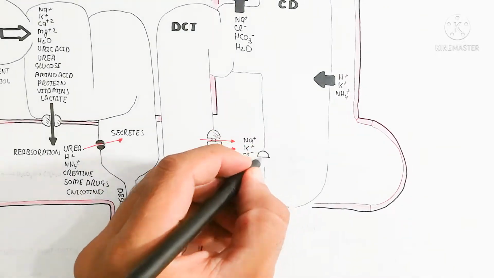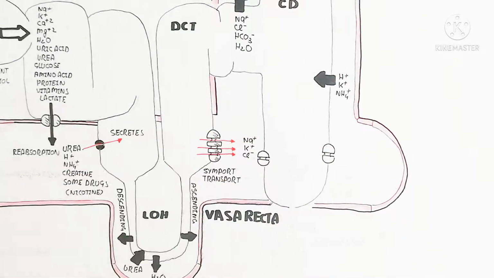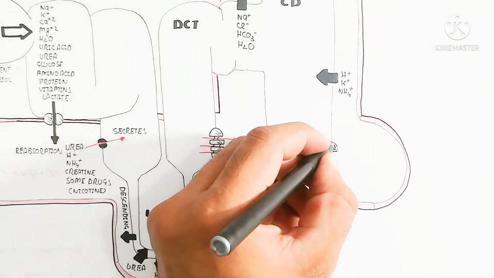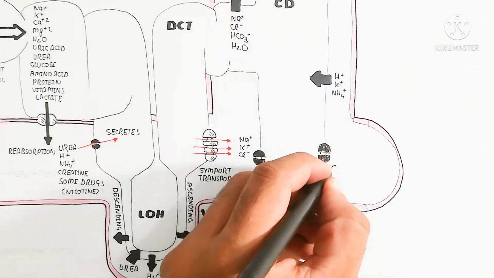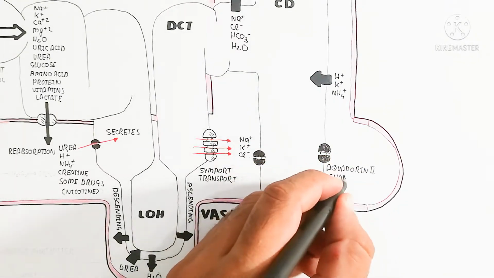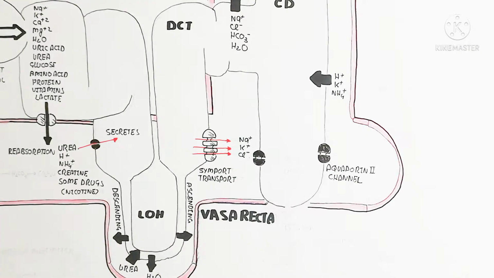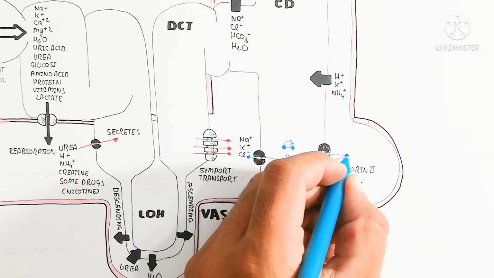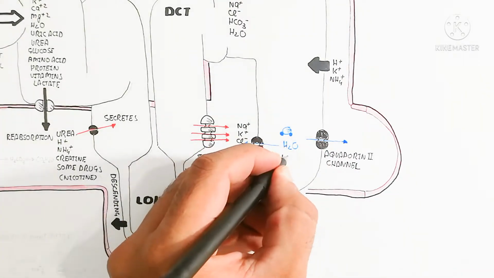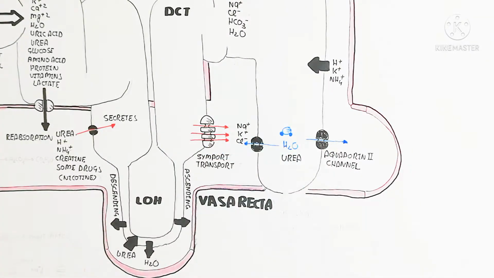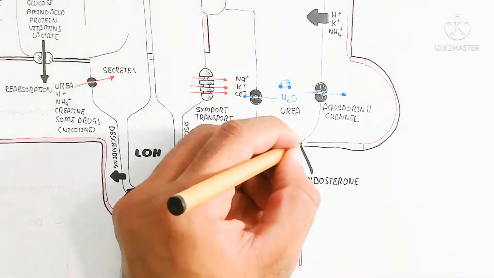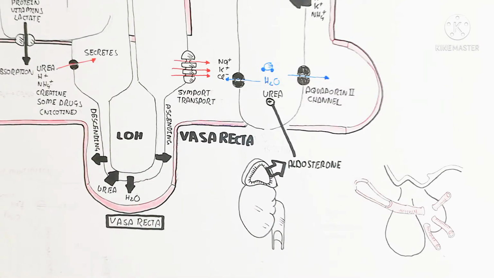The proximal part of the collecting duct secretes protons, potassium, and amine, while the distal collecting tubule contains aquaporin channels. These aquaporin channels reabsorb water, and urea is secreted, while the aquaporin reabsorbs.